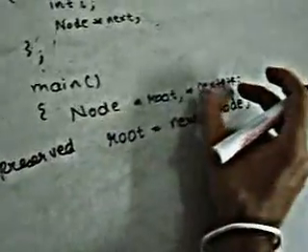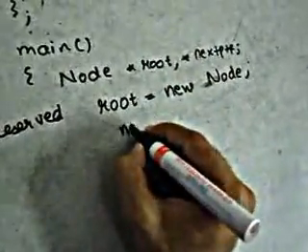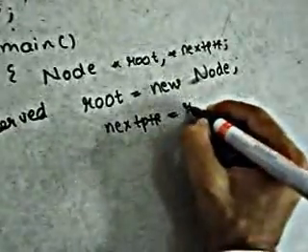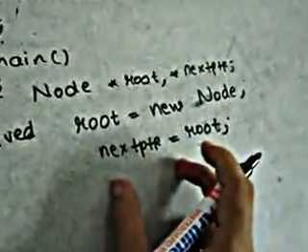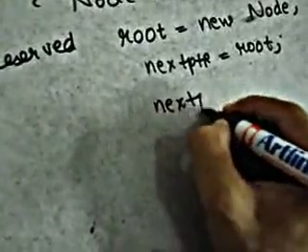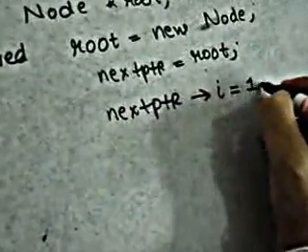So I will use next pointer instead of root now. Now what I have to do is just put the value in the first node. Let it be 1. Now I have put the value.